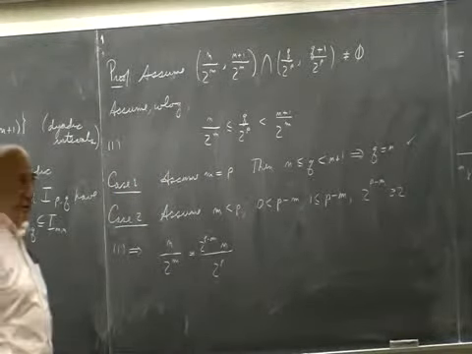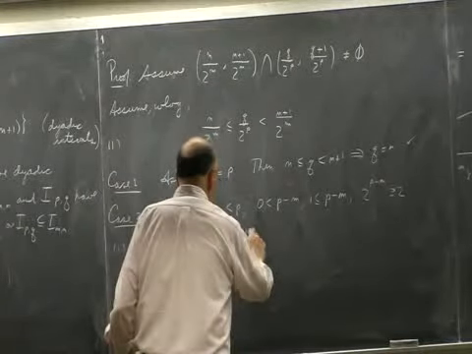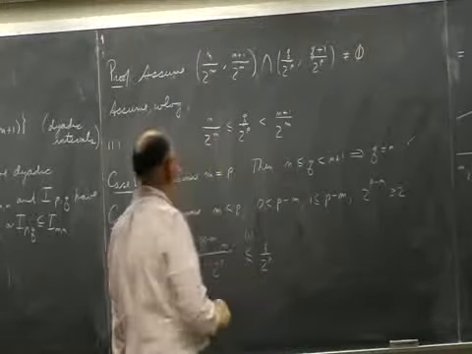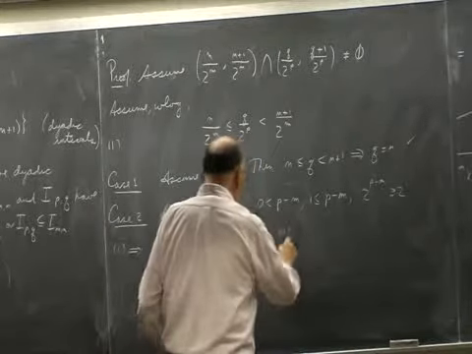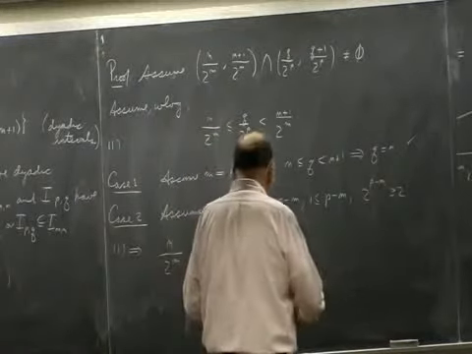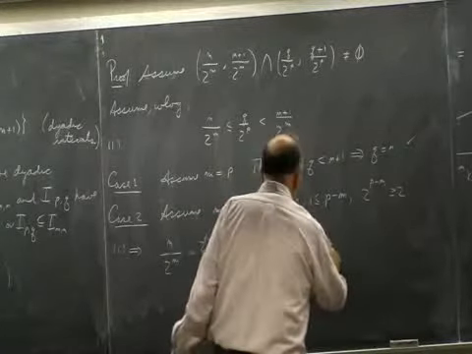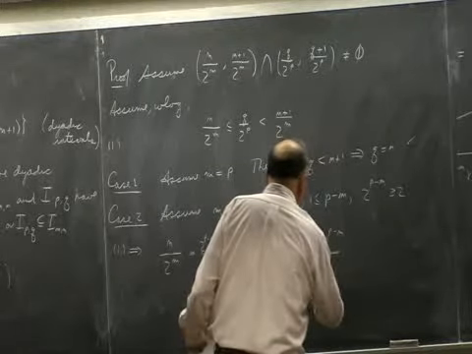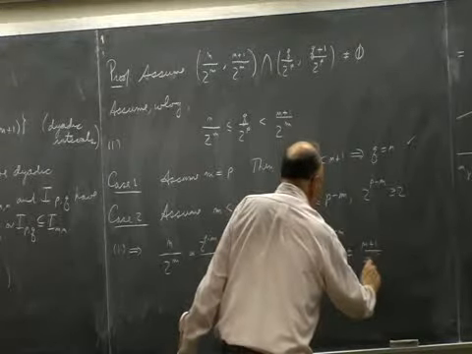And by my hypothesis, this is less than or equal to q over 2 to the p, and that's less than or equal to, just by my hypothesis, n plus 1 times 2 to the p minus m over 2 to the p, which of course is my n plus 1 over 2 to the m.